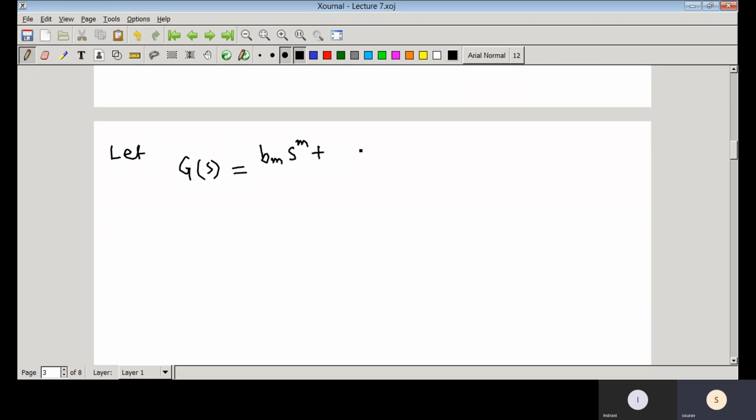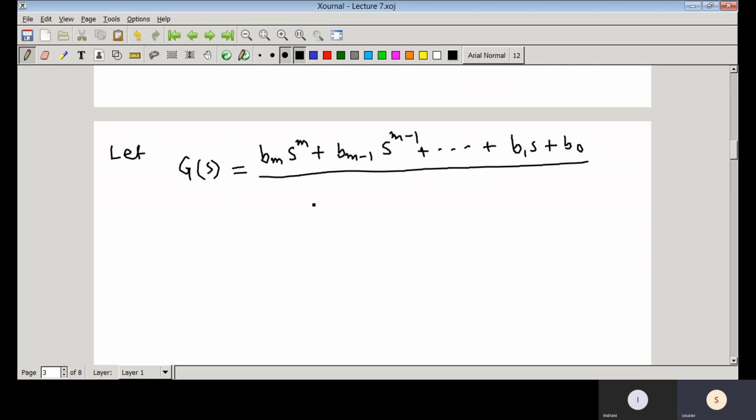Here s is the Laplace variable, and b_m, b_(m-1) and so on, all these are coefficients and they are real. This is in the numerator, and in the denominator we have another polynomial.